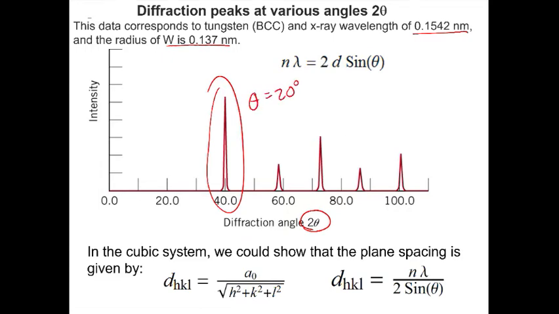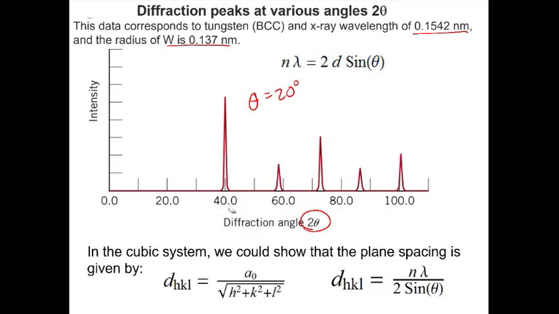Each of these peaks represents different planes in the structure, and those planes that are diffracting at these angles are from different D spacings, and those D spacings have to all be consistent with a body-centered cubic structure. That's how we can back calculate what the structure is.